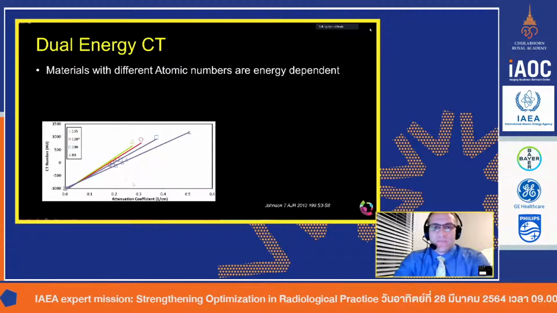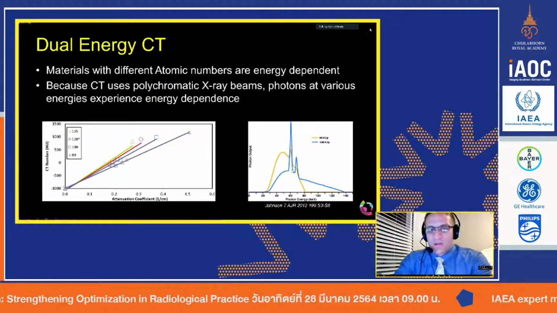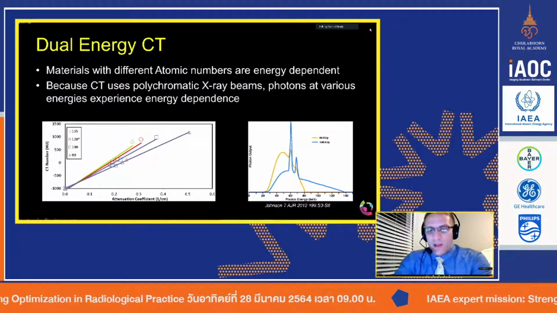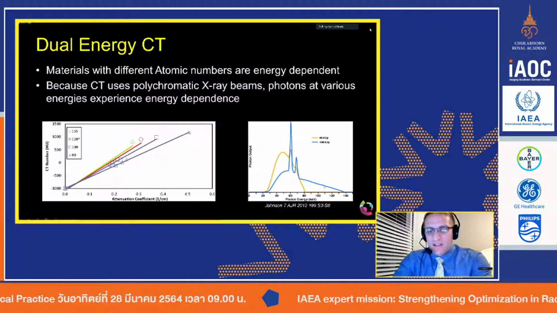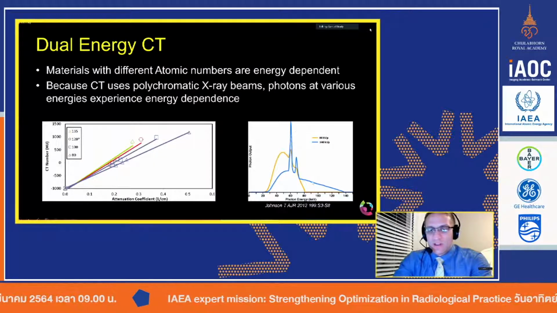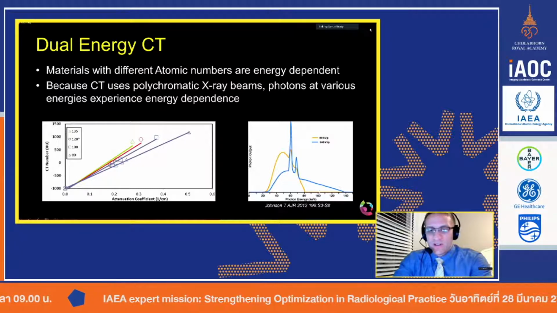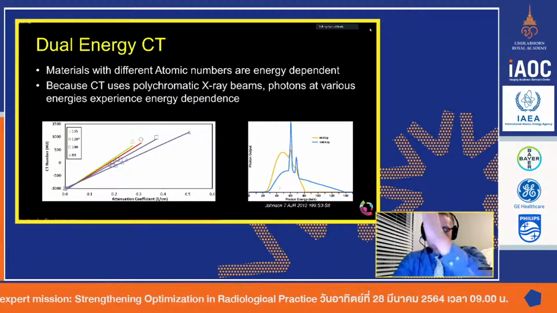these tissues. And all of that is because we image with a polychromatic Bremsstrahlung radiation. Therefore, all of the X-rays exiting the X-ray tube have a very wide spectrum of energies, all the way from high energy down to low energy. We're not using monochromatic or a single vertical line, but polychromatic.